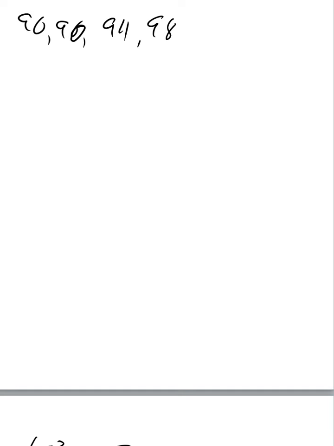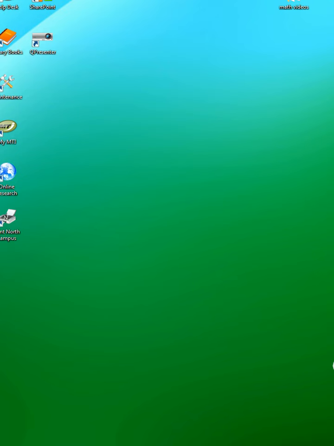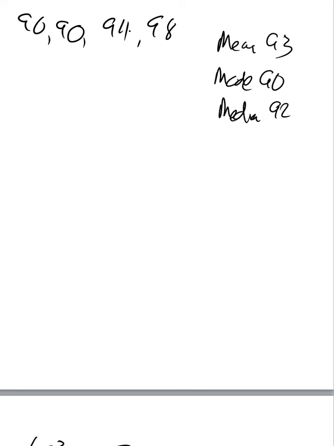One of these days I'll learn just to erase it right away so people can read it. Okay, and like I said before, we found our mean, which was 93, mode is 90, and median was 92 with all that.